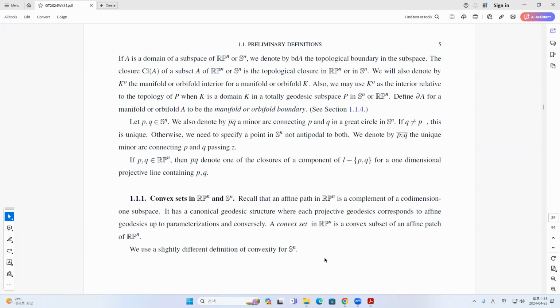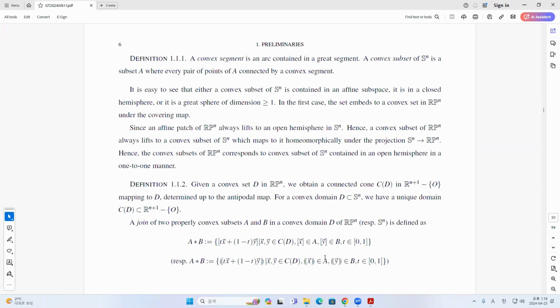We can use a slightly different definition for S^n: a convex segment is one contained in a great segment, where a great segment means a segment which contains antipodal points as the endpoints.